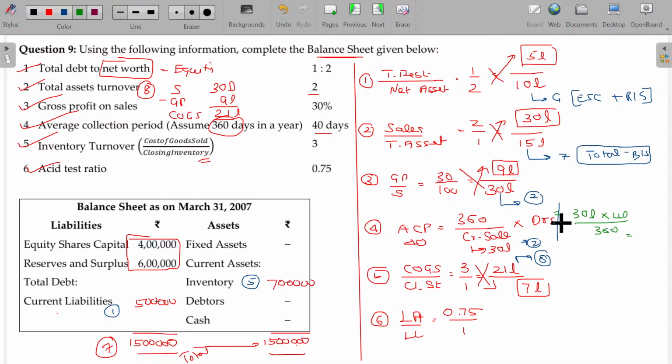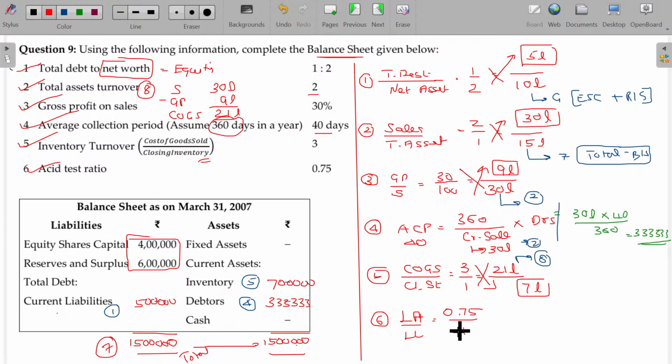What about the debtors value here? 3,33,333. So here the debtors being 3,33,333. Working note number 4.